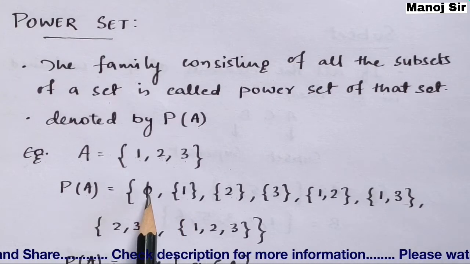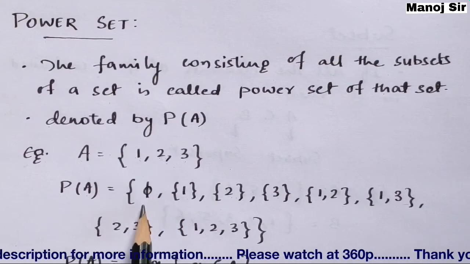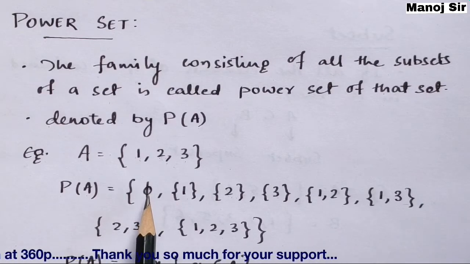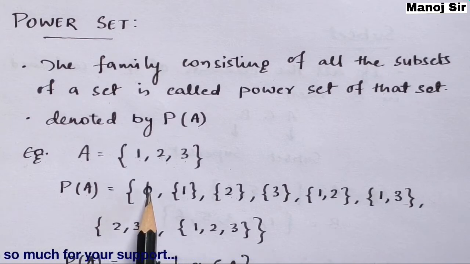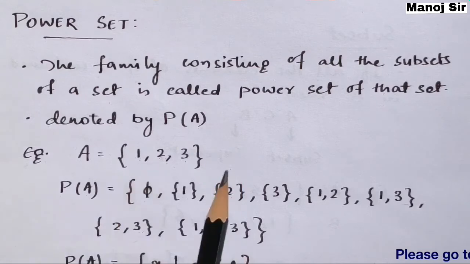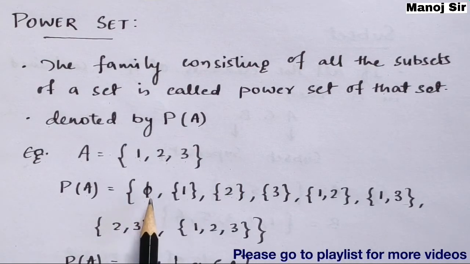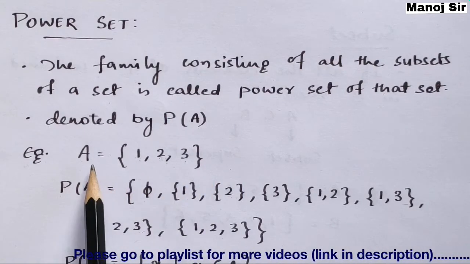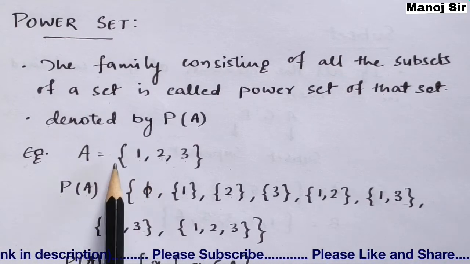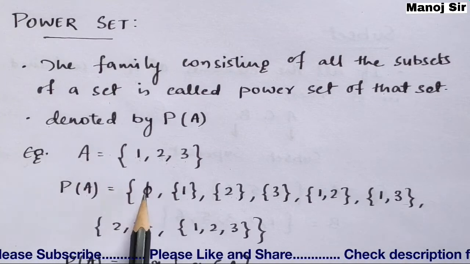My first subset would be this empty set, or you can say null set. In the previous video we have seen that this phi, the null set, is a subset of every set, and since we are dealing with set A, the subset of A would be phi.